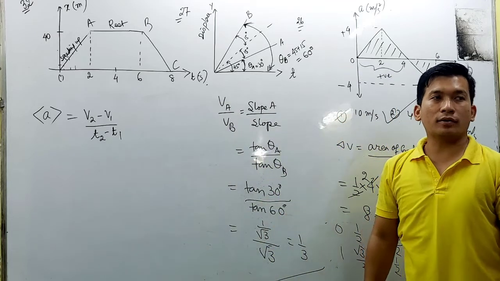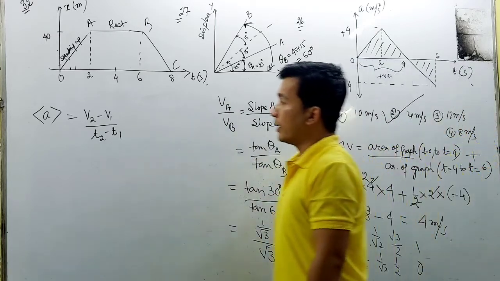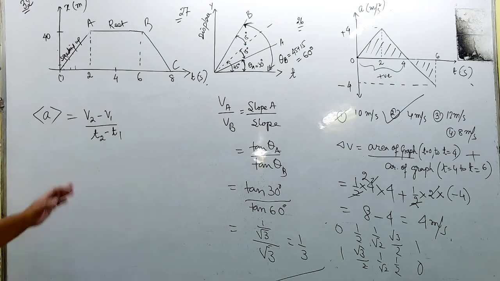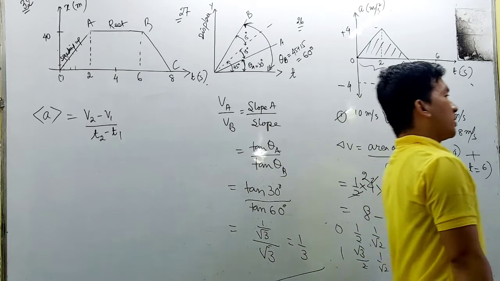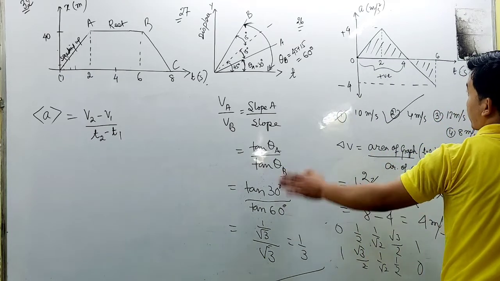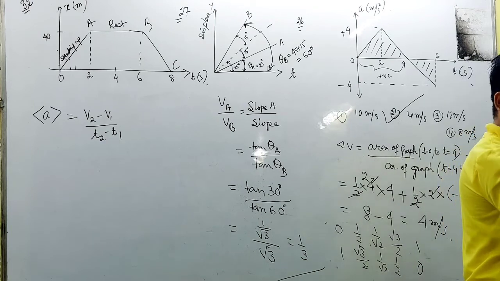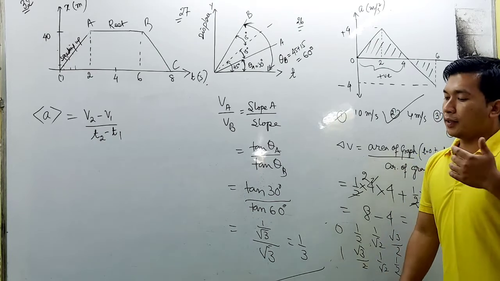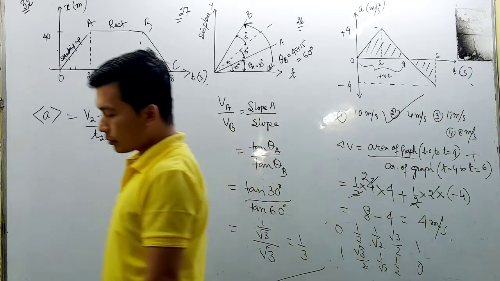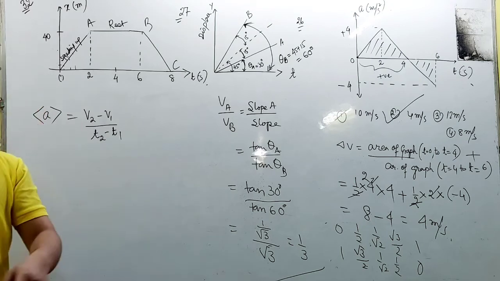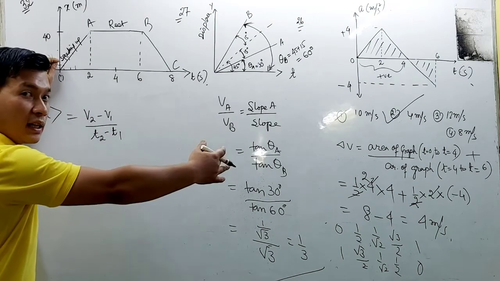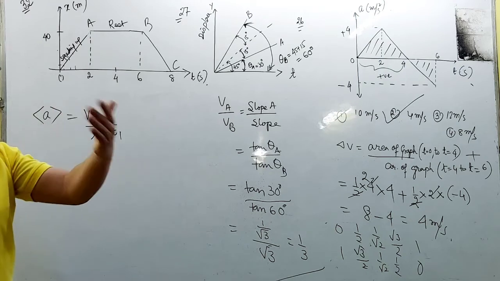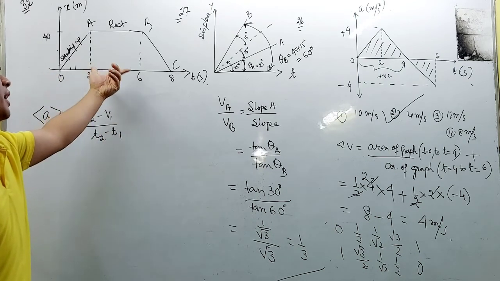Now from 6 seconds to 8 seconds the body makes a turn to return, and it takes another 2 seconds, so that is 8 seconds. So 2 seconds will be forward motion, another 2 seconds will be return motion, and in between forward and backward motion we have 4 seconds of rest.